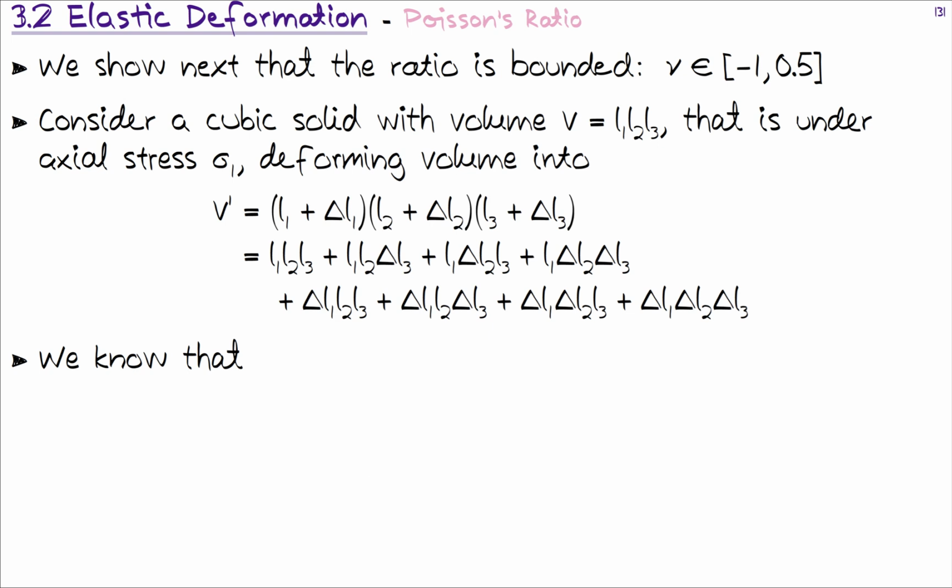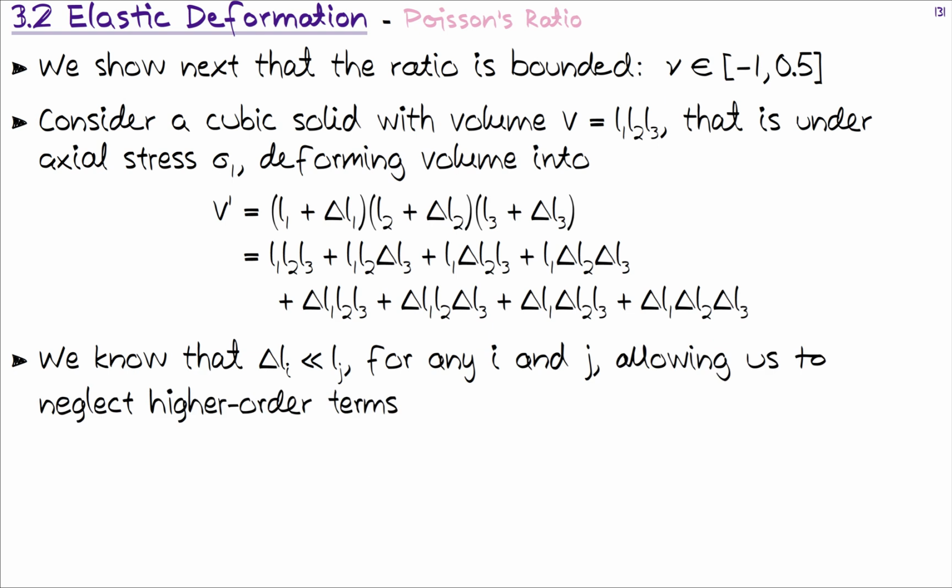And we know that the strain is actually quite small, so that the relative change delta Li is a lot smaller in value than all of the Lj's. And this is okay for any i and any j. And this allows us to neglect these higher order terms, basically the ones which have two delta Li's in them.